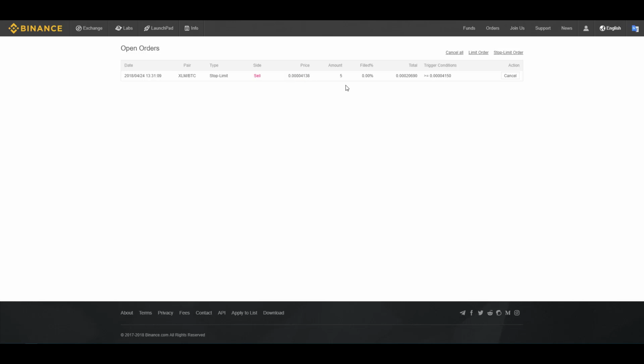This is the amount, the total, and everything here happens only if the price goes below this. So as soon as XLM will be worth this in BTC, there will be a sell order placed at this price.